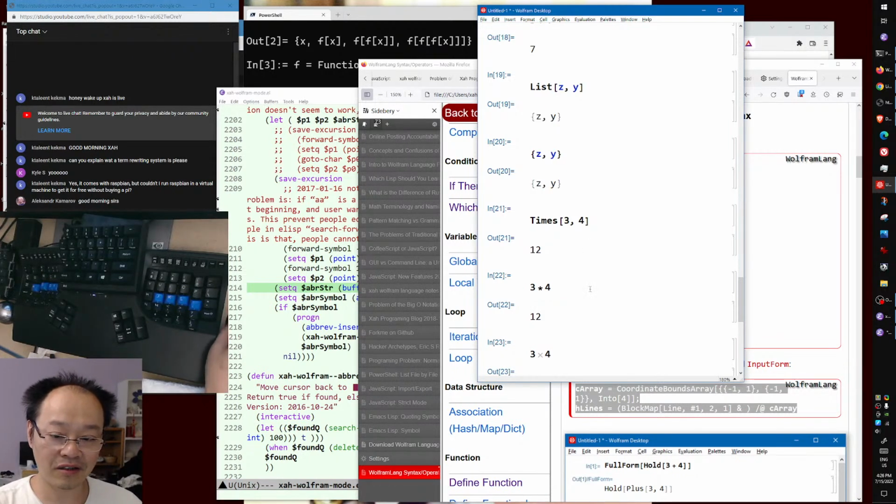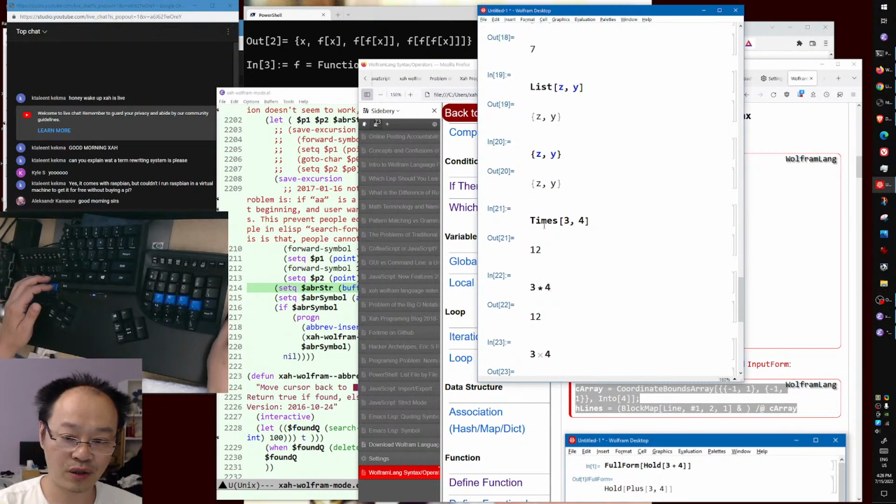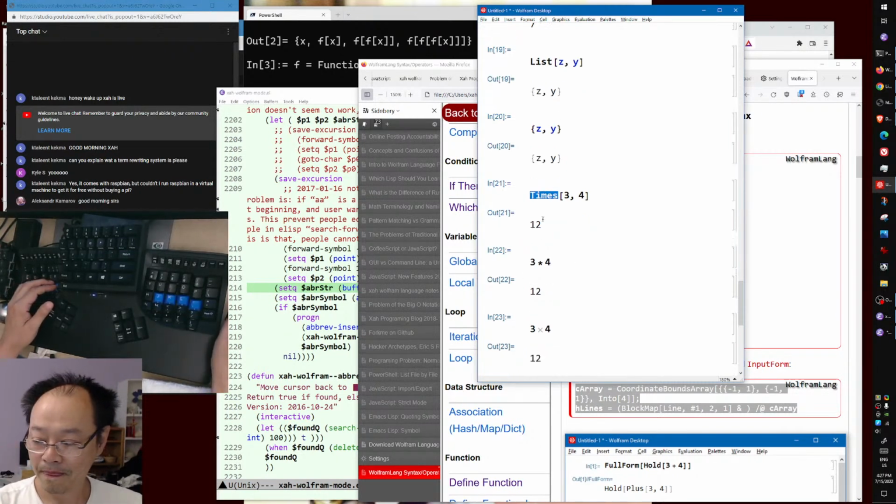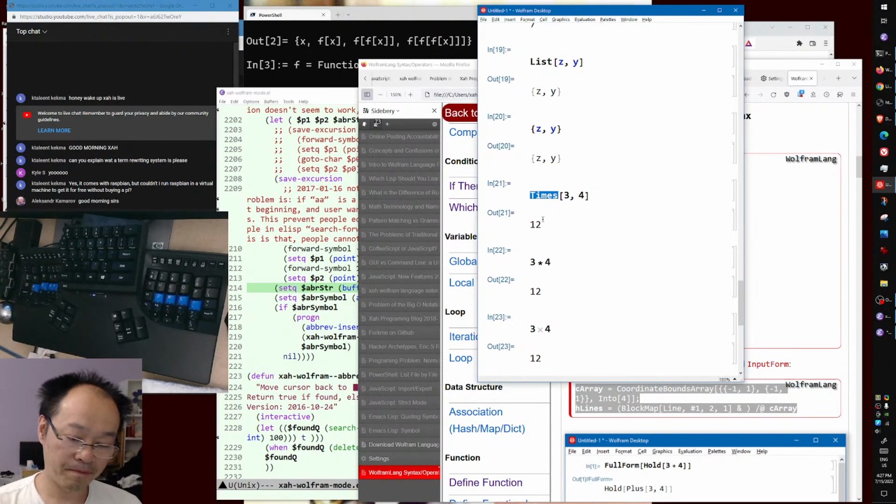So this is not just a short syntax sugar. It's 100% equivalent, because the Wolfram Language transforms this shortcut into the full form first. So when you program in the Wolfram Language, you want to think of everything as the full form, because that is the real thing Wolfram computes.